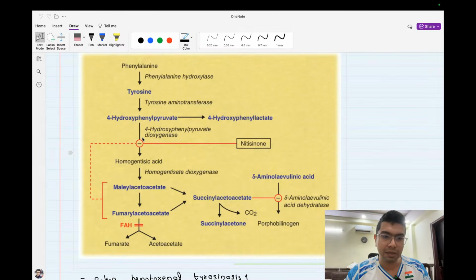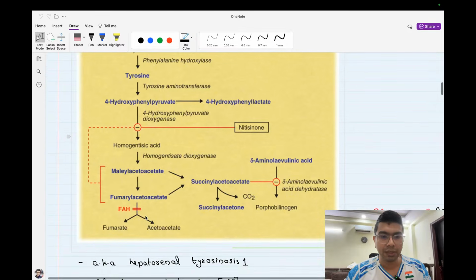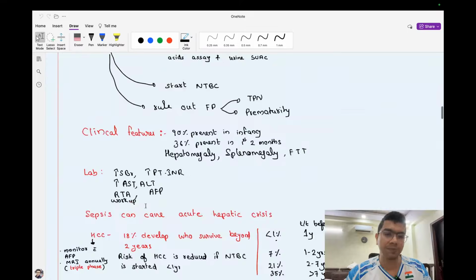So if you inhibit this enzyme, the accumulation of maleylacetoacetate and fumarylacetoacetate, the alkylating agents, won't happen. So we are diverting the production of alkylating agents, so there won't be any organ damage.